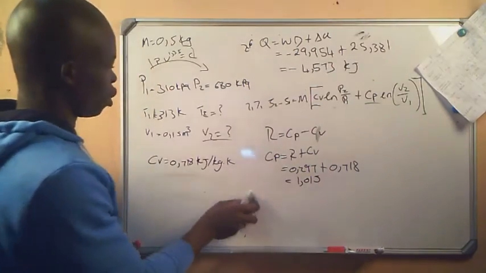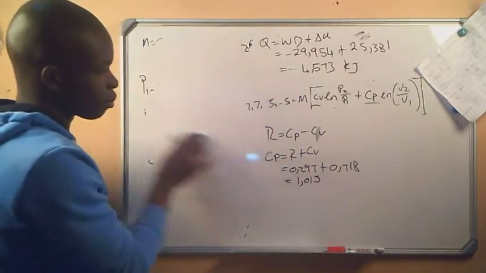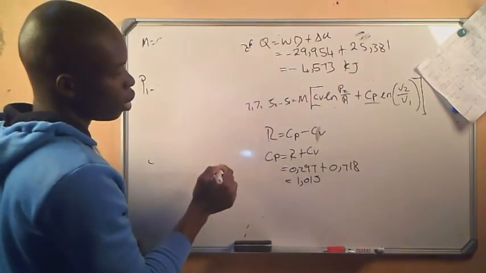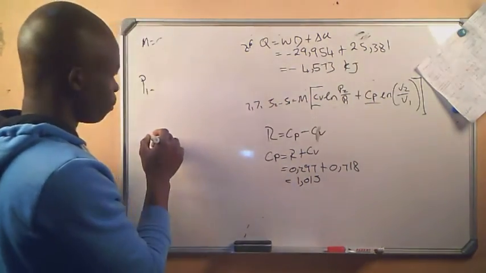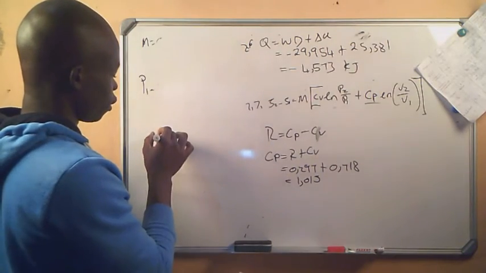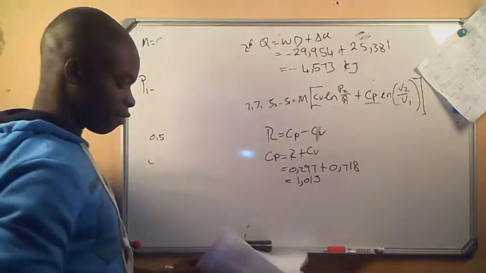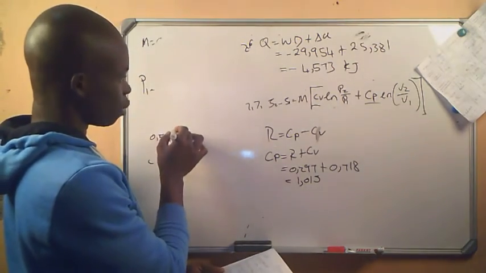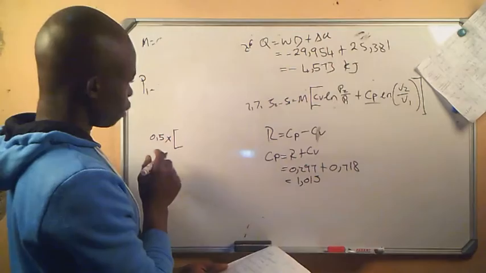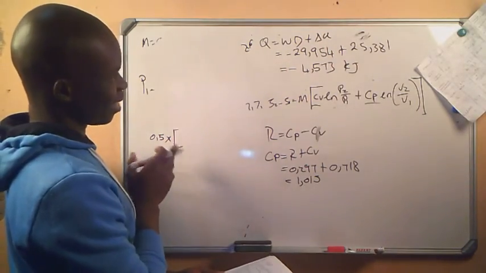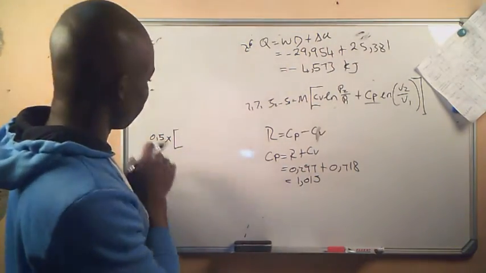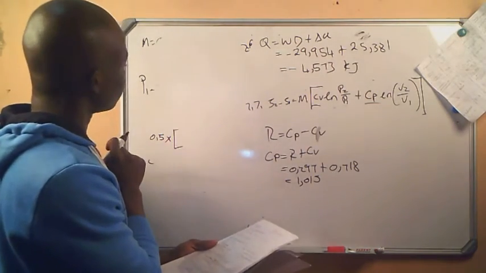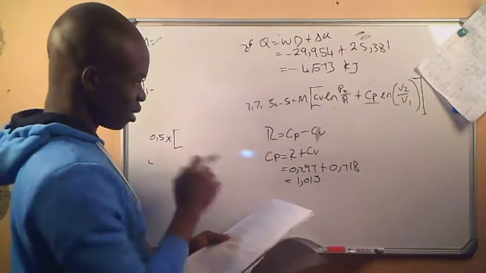Since this is the last question, let me erase this. And then we now substitute. Our m is 0.5, that's our m times our Cv. I did not do myself a favor by erasing these things, but let's just continue.